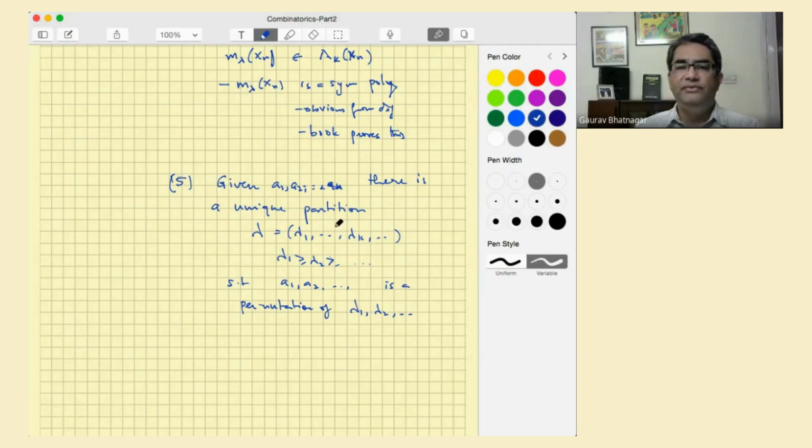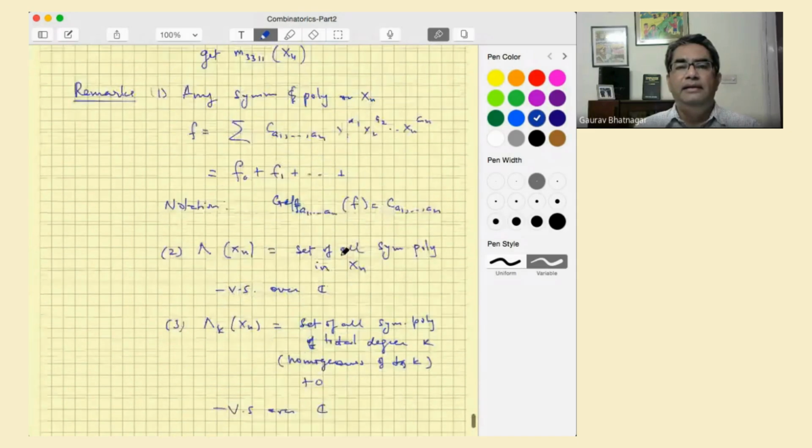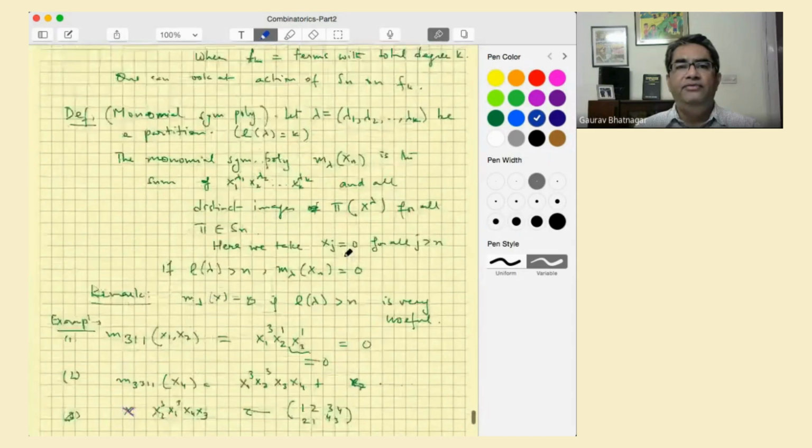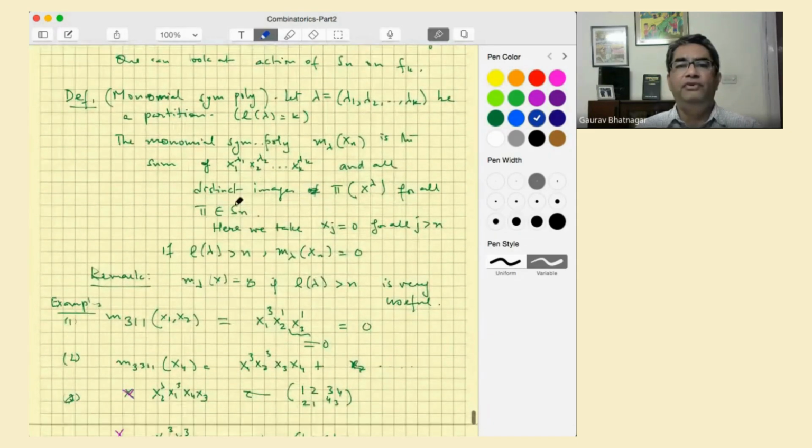What is the significance of this remark? We are looking at the definition of this monomial symmetric function, and what he's saying is that you take the sum x1 to the lambda 1, lambda 2, and then you permute all of them. Take all the distinct images.